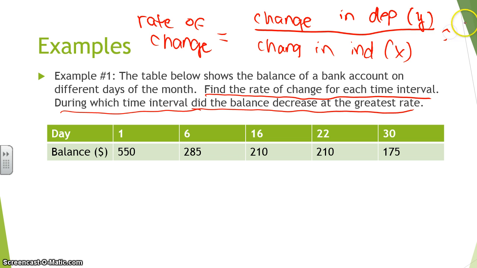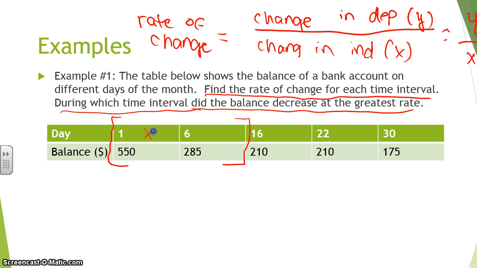Or think of it like this with my y's, y2 minus y1 over x2 minus x1. So between intervals, we're going to separate this between each. We're first going to look at between day 1 with a balance of 550 and day 6 with a balance of 285. So I'm going to look at these two situations first.